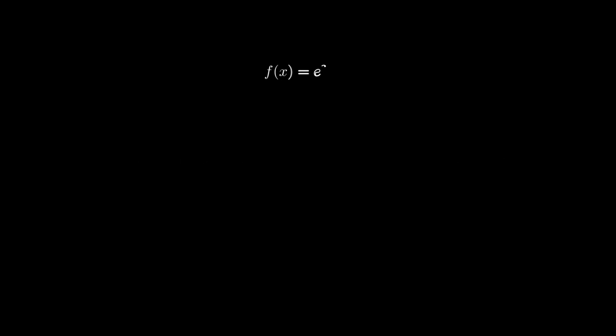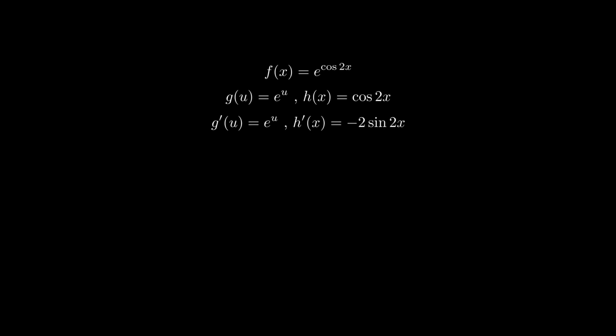So taking our function f of x is equal to e to the cos 2x, and applying the chain rule, where we'll set g of u equal to e to the u and h of x equal to cosine of 2x. Taking the derivative of both of those, we have the derivative of g of u is equal to e to the u, and the derivative of h of x is equal to minus 2 sine 2x.